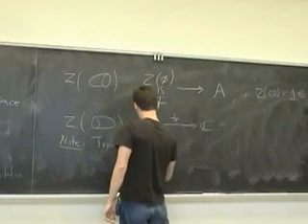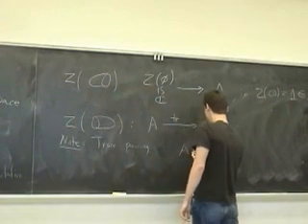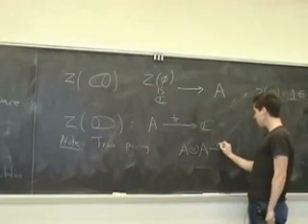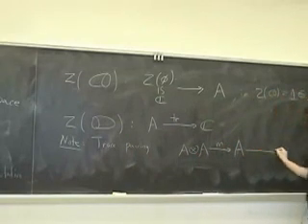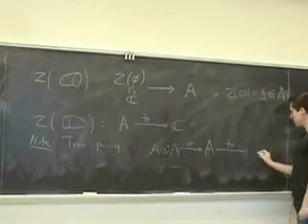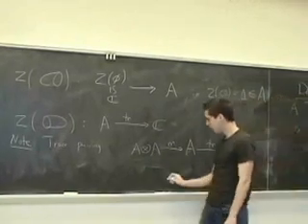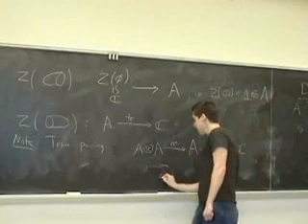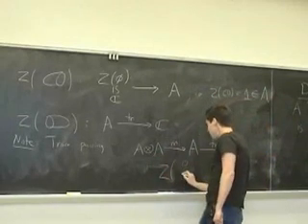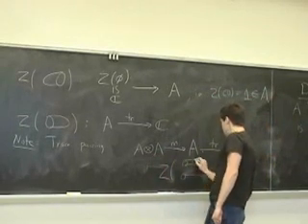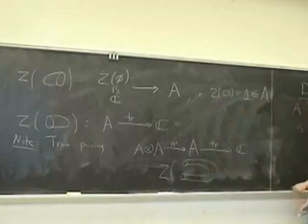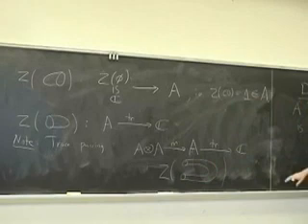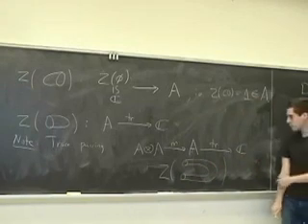So what's the trace pairing? Well, it's a bilinear form on A, which is given by taking 2 elements of A, first multiplying them, and then taking the trace. Or in other words, this linear map from A tensor A to the complex numbers is also what you get if you evaluate Z on this bordism from 2 circles to the empty set given by a cylinder.